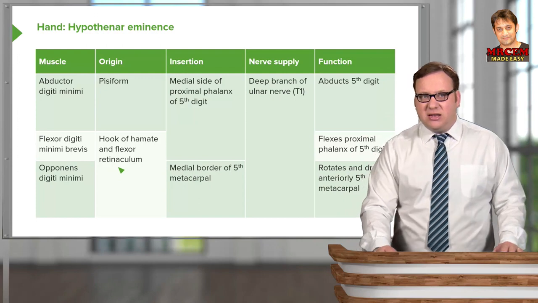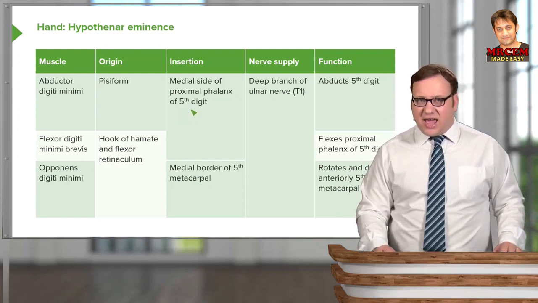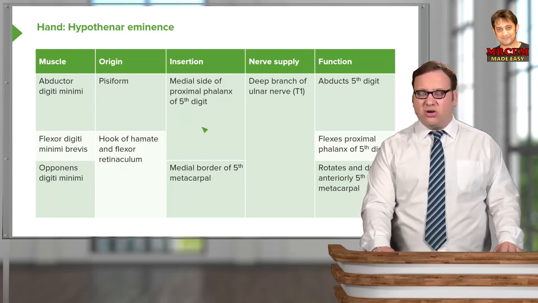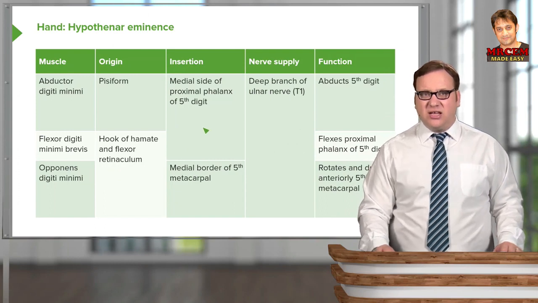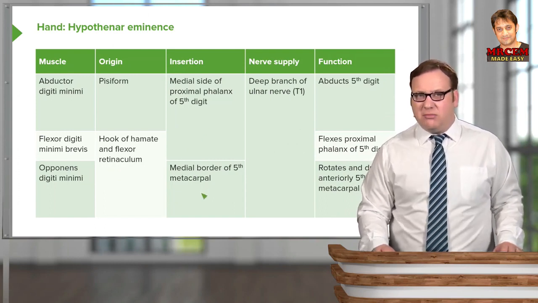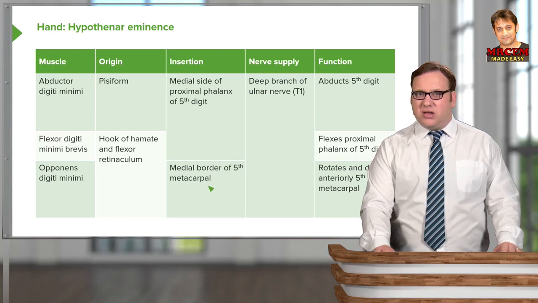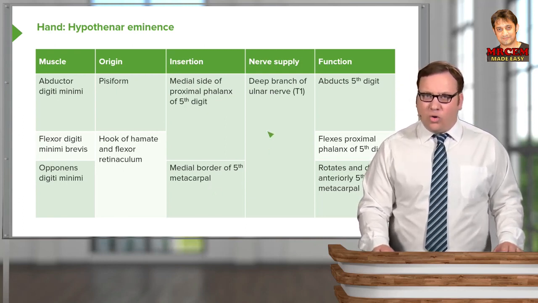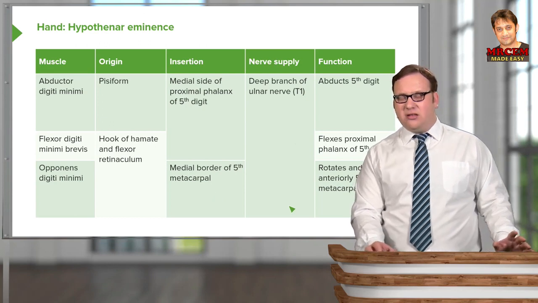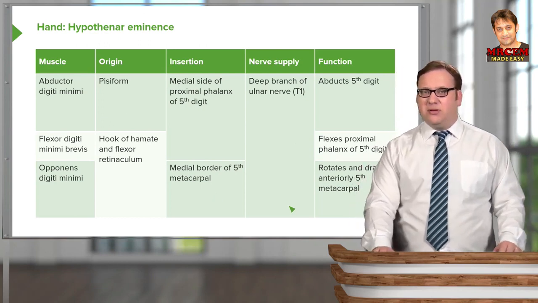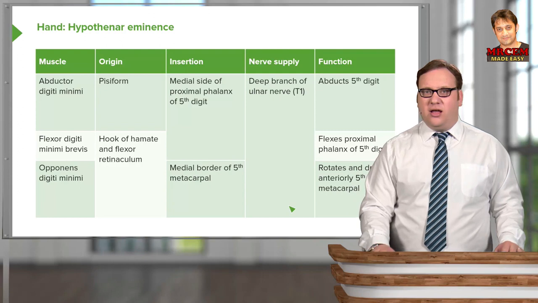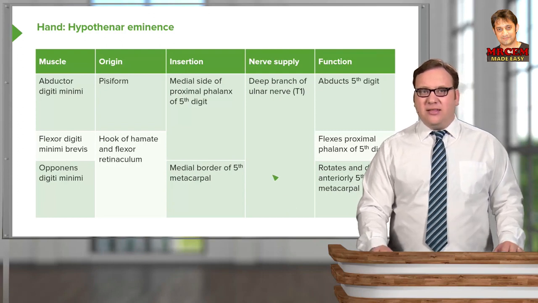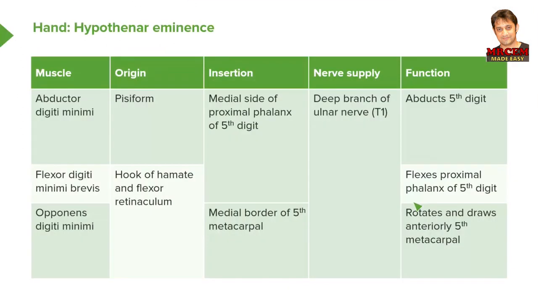Flexor digiti minimi brevis inserts again onto the medial side of the proximal phalanx of the fifth digit, whereas opponens digiti minimi inserts onto the medial border of the fifth metacarpal. But all of these muscles have the same nerve supply, which is the deep branch of the ulnar nerve. Again, the function of these muscles is indicated by their name.